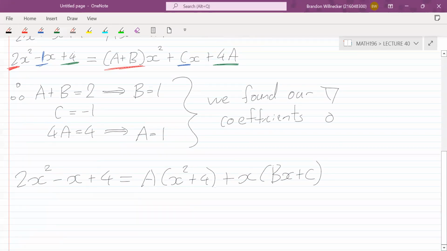What we could do is choose different values of x to substitute in our equation. Since we have 3 unknown variables, we need to choose 3 values of x to give us 3 equations.